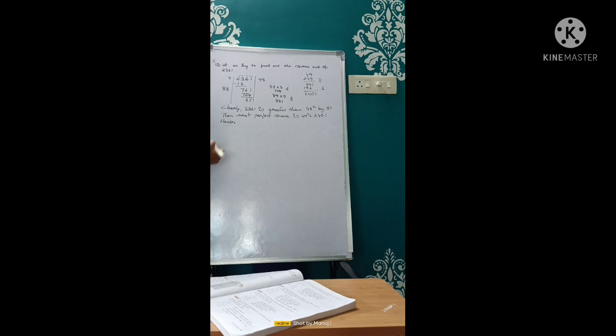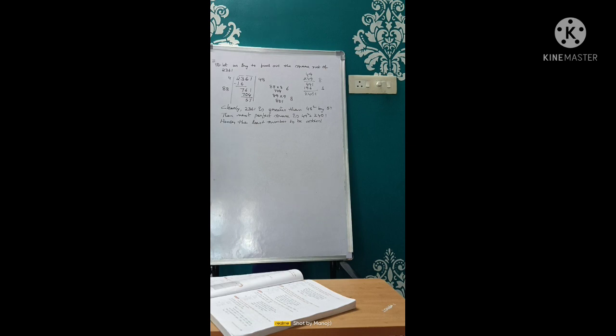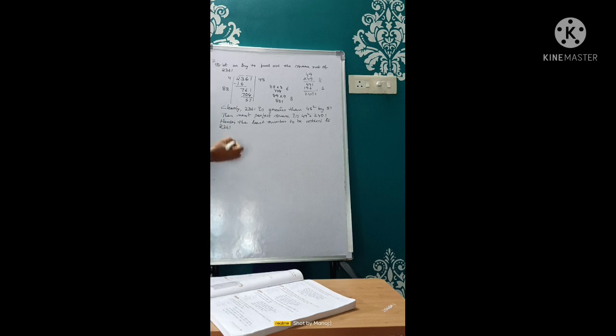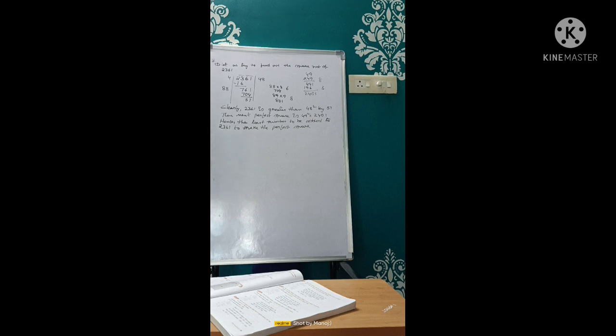Hence the least number to be added to 2361 to make the perfect square.